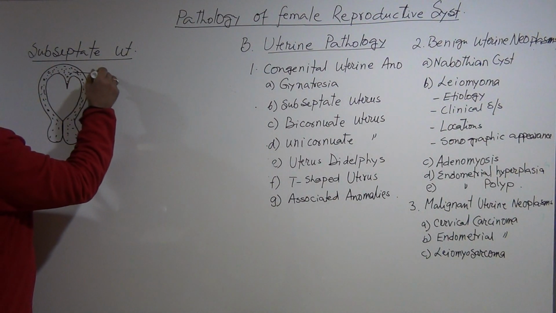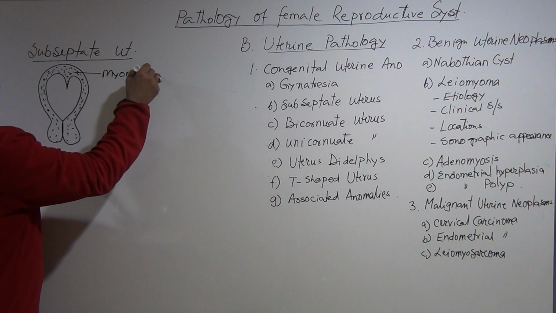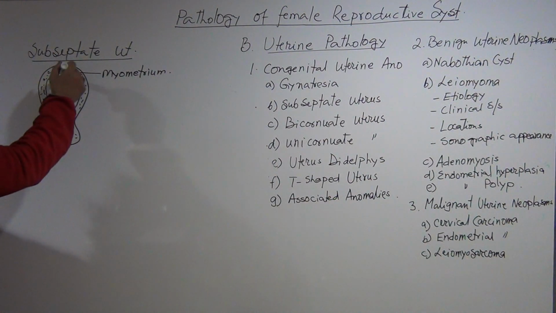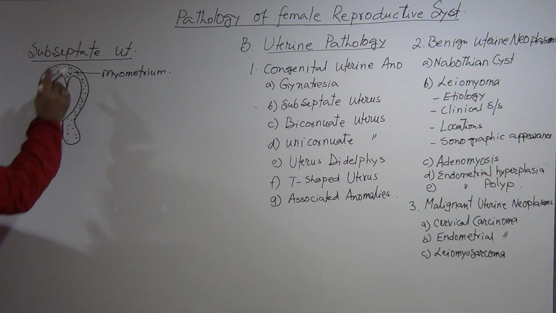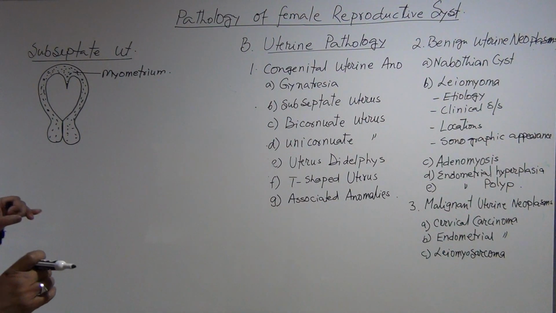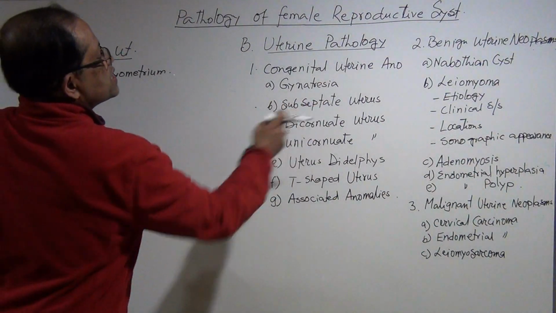So this is myometrium. The myometrium is tending to go down to make the uterine cavity into two compartments, but it couldn't do that. It is partially done. That's why it is known as subseptate.